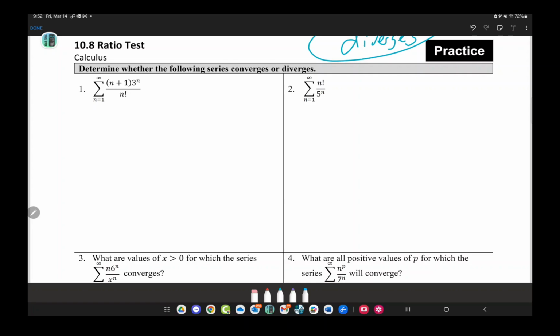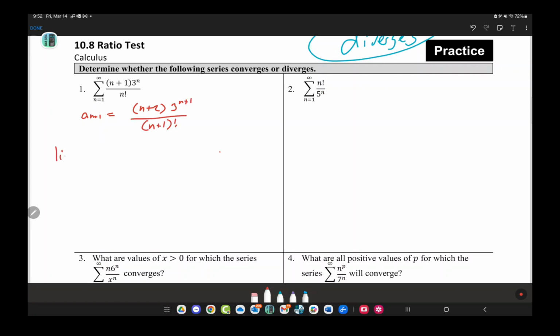So back to number 1. What is a of n plus 1? That is n plus 2 times 3 to the n plus 1 over n plus 1 factorial.